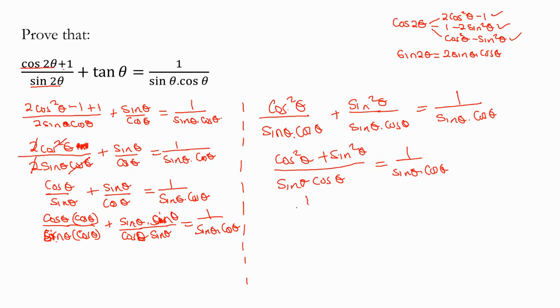So we're saying 1 over sine theta cos theta is equal to 1 over sine theta cos theta. So we prove that the left hand side is equal to the right hand side. Okay, so we're going to use the next formula, which is this one. Okay, right, let's go there.